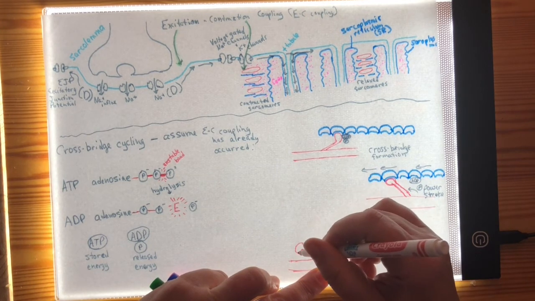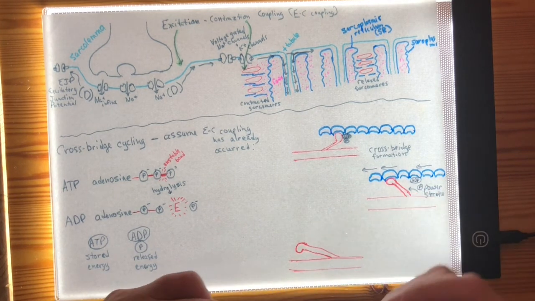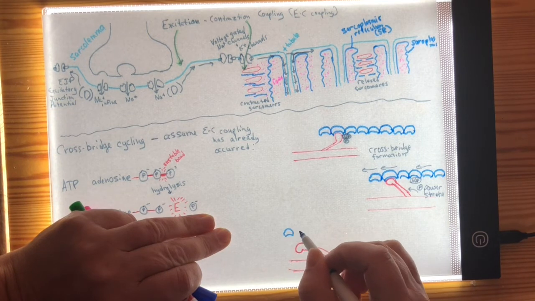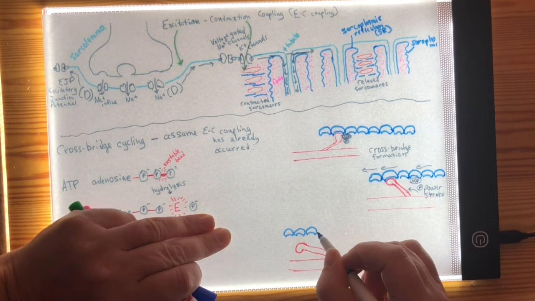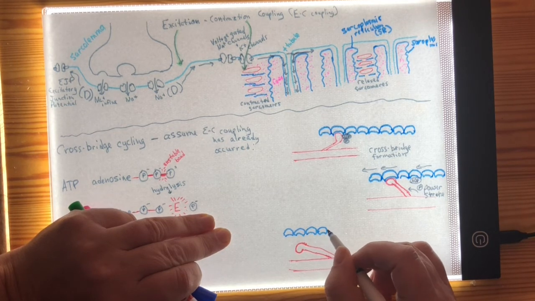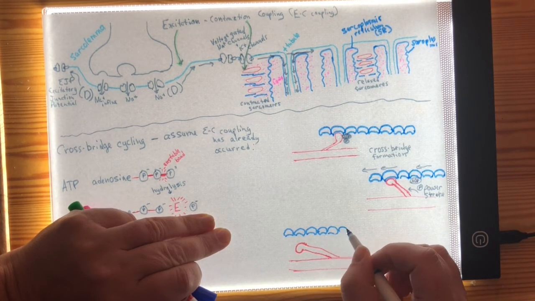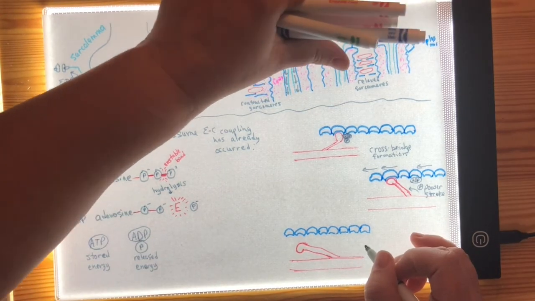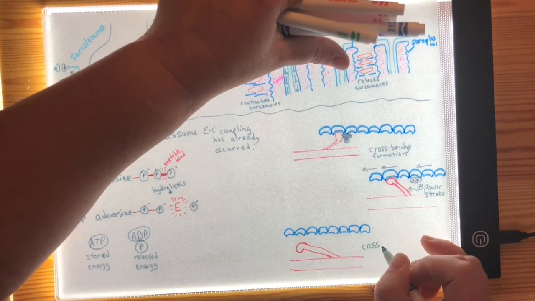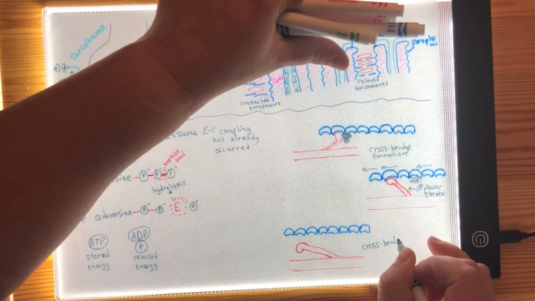There's a little binding site on the myosin head that allows us to bind either ATP or ADP, whatever needs to be bound. And so we're going to say, well, the myosin head is still leaning forward. The actin filament has still been moved forward. This is called crossbridge detachment.